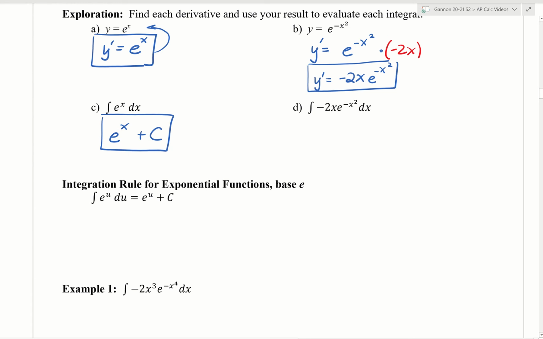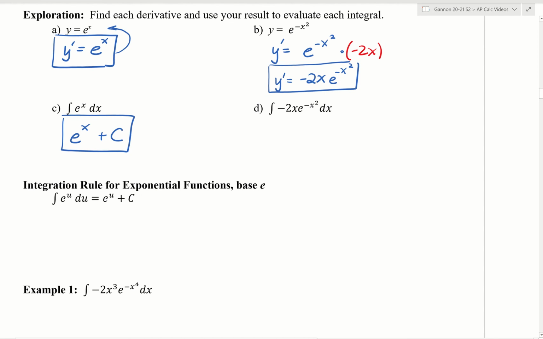If we take a look at d, we've got negative 2x e to the negative x squared. We want to remember there is no product rule and no chain rule for integration, so most likely this is going to involve u substitution.